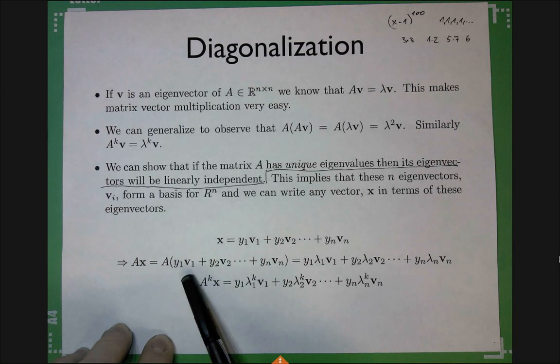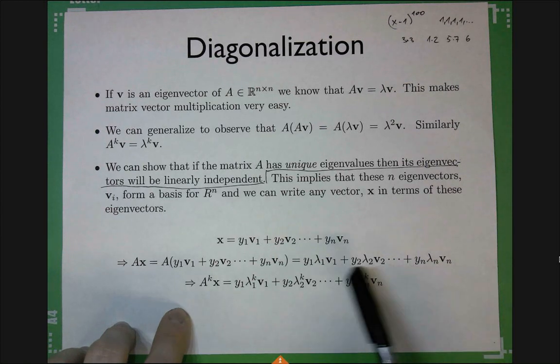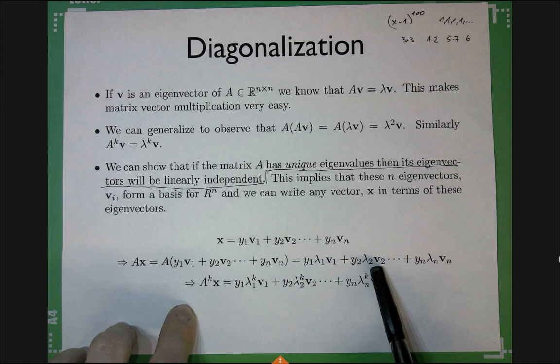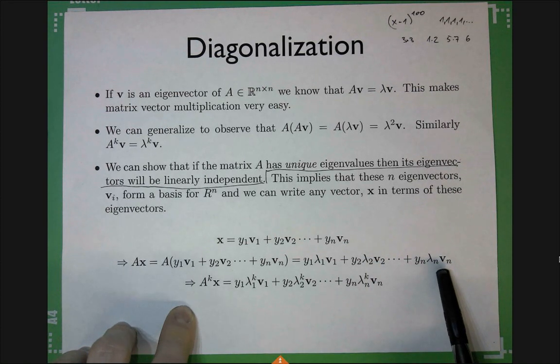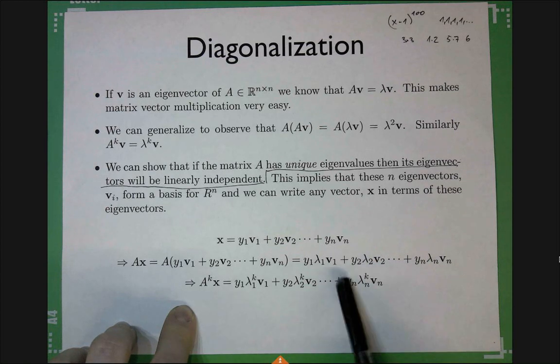That's what the action of the matrix on the vector is. It's just scaling. So the application of the matrix is just scaling by a different amount in every coordinate, right? Those are the eigenvalues, lambda 1, lambda 2, and so on.